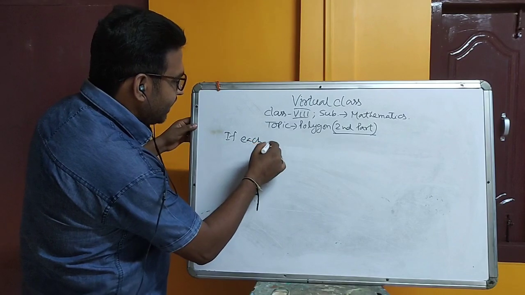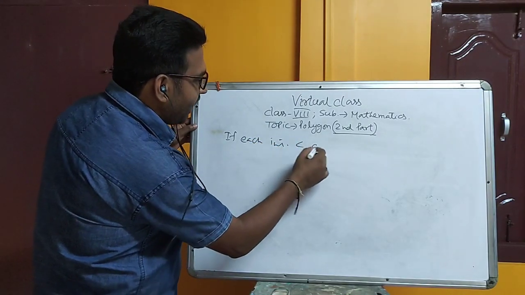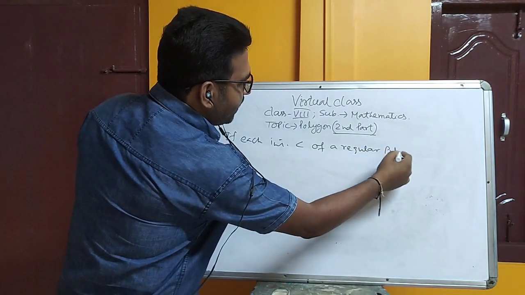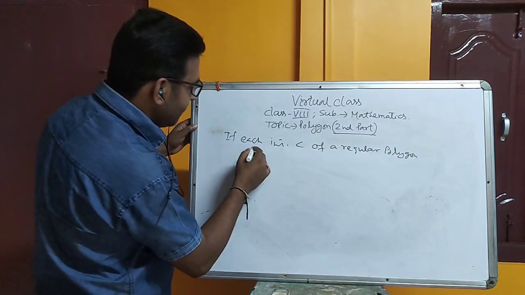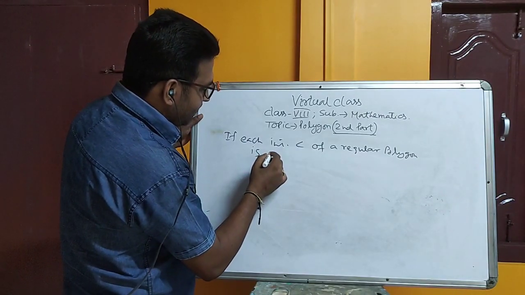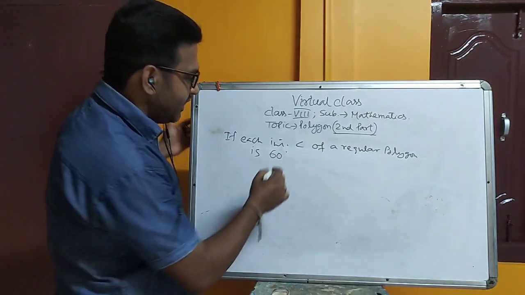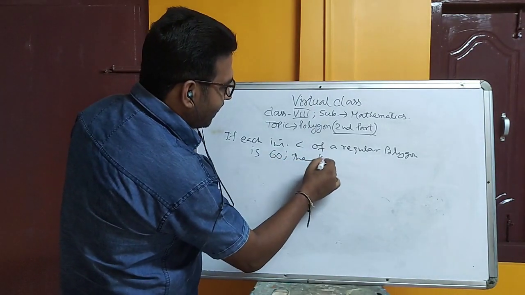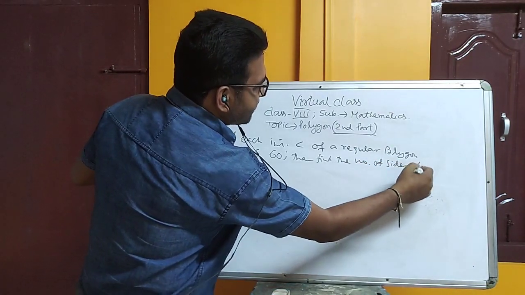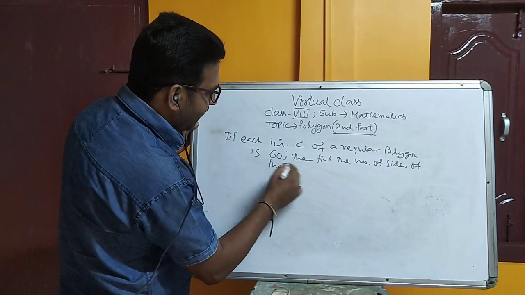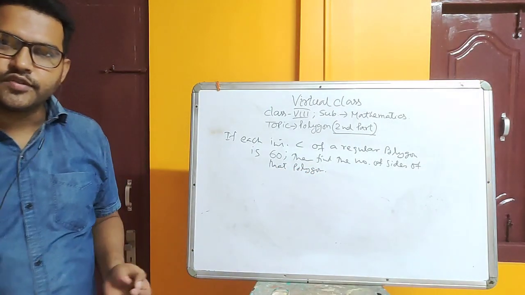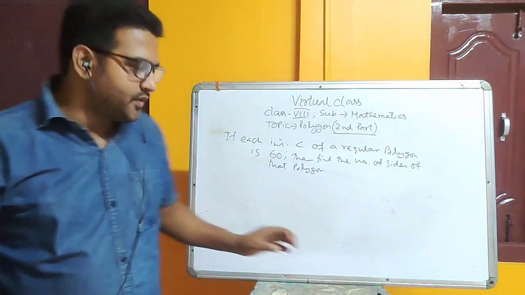If each interior angle of a regular polygon is, let it be 60 degree, then find the number of sides of that polygon. Okay, if you are given this question, how to answer that?